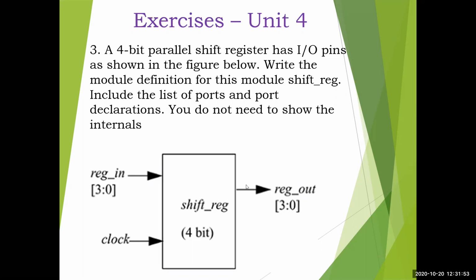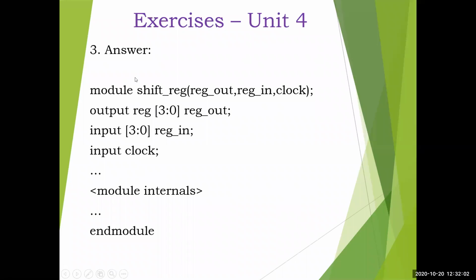Write the module name, the list of ports, then which are input, which are output, and how many bits. Simple. That's what is shown here. The module name given was shift underscore register. Then in any order you can write the ports: register out, register in, clock. Here there is no need to mention how many bits, just the names. Then in the declaration you have to do it clearly.